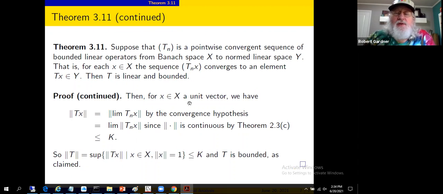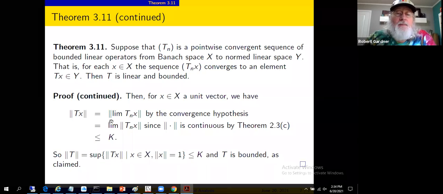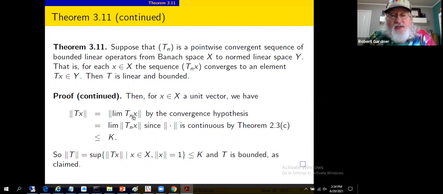So if we take any unit vector x, then we have the norm of T of x. That would be the norm of the limit as n approaches infinity of T sub n of x. We've hypothesized that T of x is the limit of such a sequence. We can take the norm inside the limit because the norm is continuous. We've done this several times before.